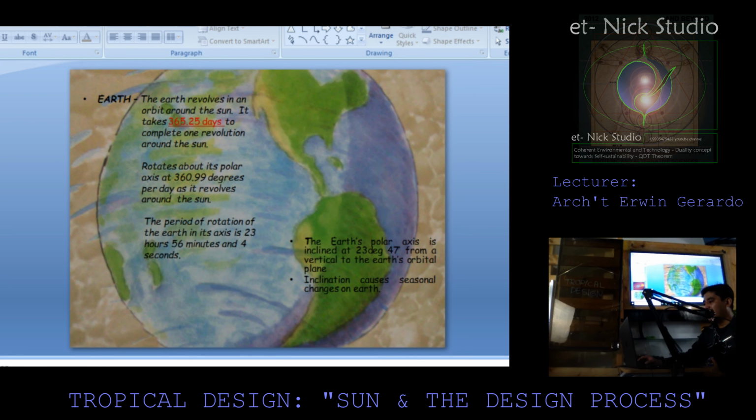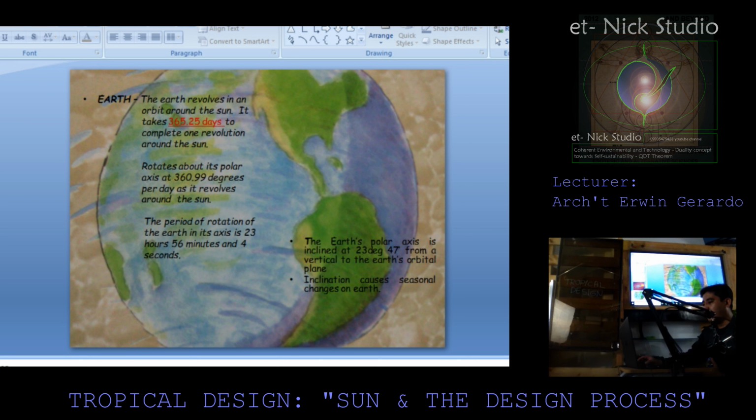Earth. The Earth revolves in an orbit around the Sun. It takes 365.25 days to complete one revolution around the Sun. Rotates about its polar axis at 360.99 degrees per day as it revolves around the Sun.